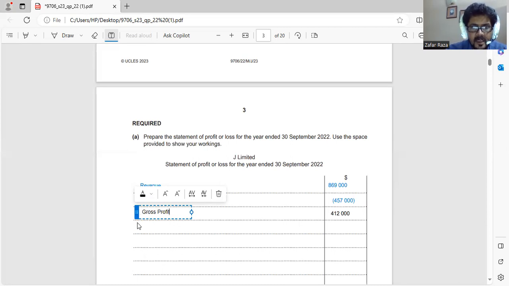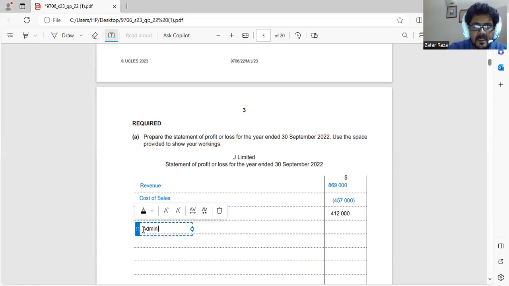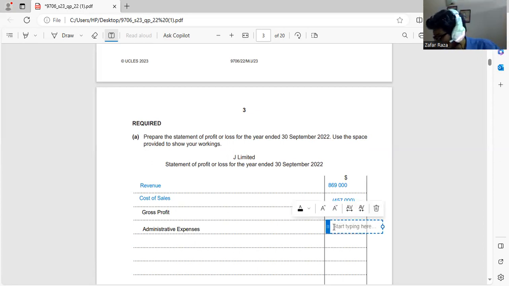Now, what we have to do: administrative expenses. How much is administrative expense? We have calculated $191,000. Put it in a bracket so you don't forget to subtract them.